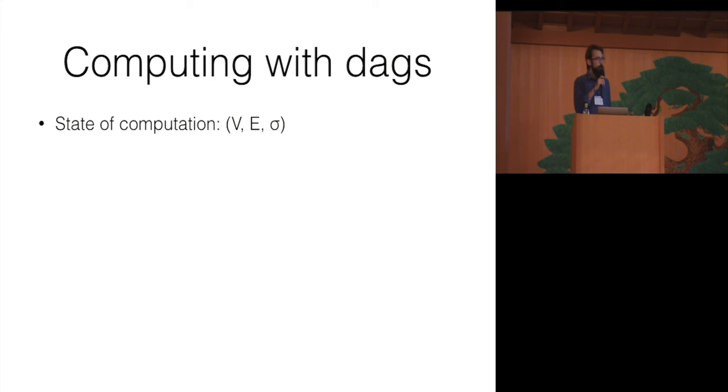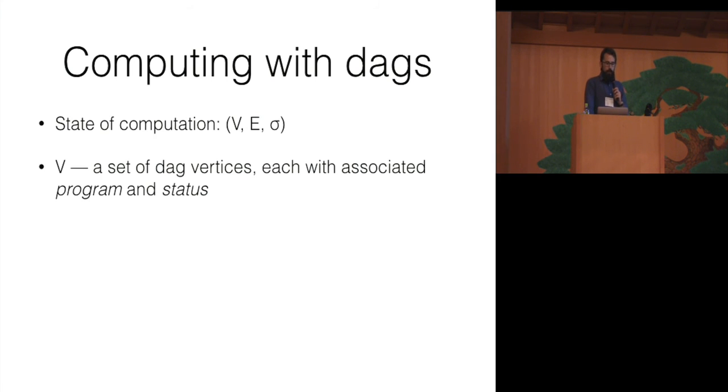So how do we compute with DAGs? In the paper, we have a state of computation that is a triple, with a set of DAG vertices. Each of these vertices has an associated sequential program that can still manipulate the DAG, and we'll get back to how in a minute.